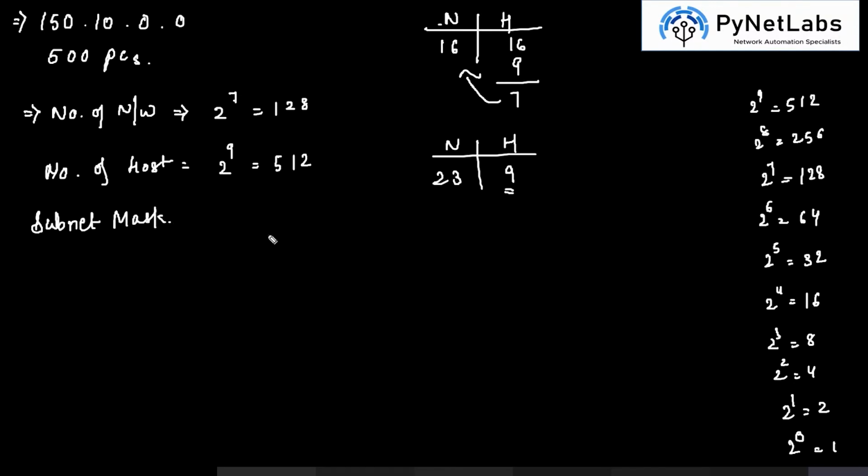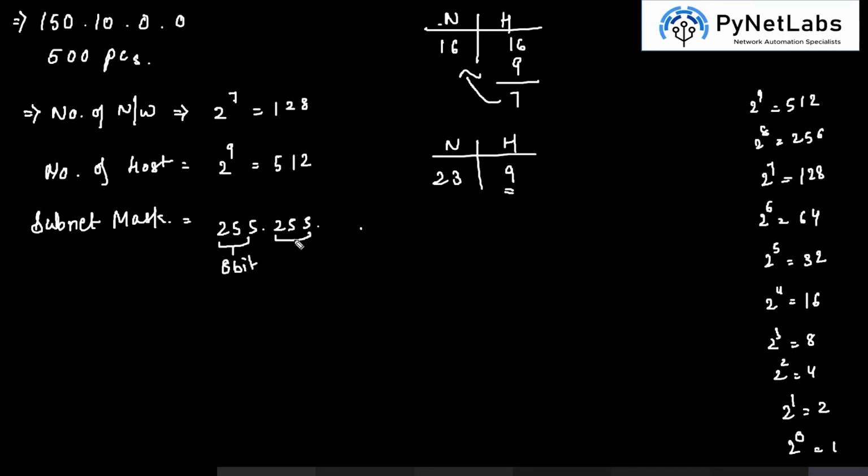Then after that, we will calculate this subnet mask. Now let me remind you, the subnet mask for default class B range is 255.255.0.0. But in this case, since we have 23 network bits, now you can see 8 bits are being covered here.